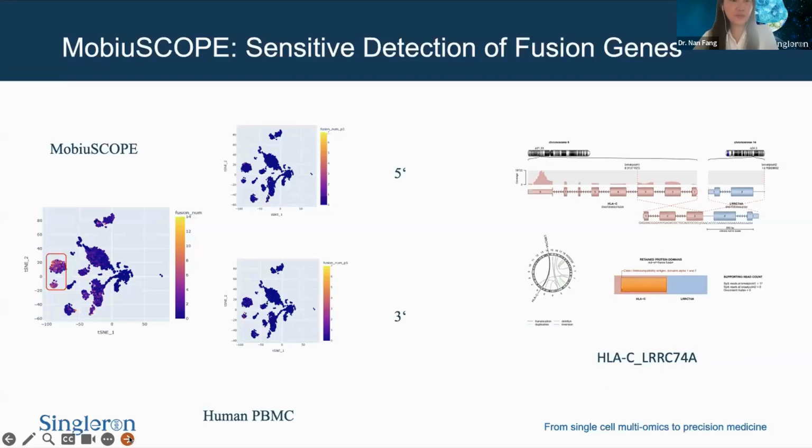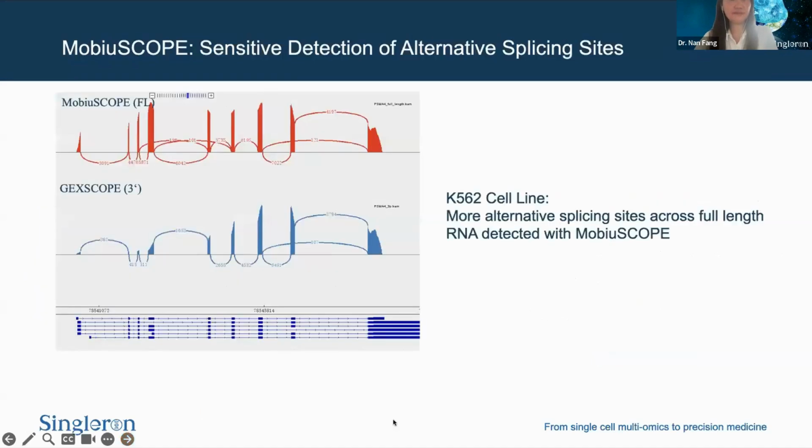So through the power of MobiuSCOPE being able to generate full-length single-cell RNA information, also at large scale, from tens of thousands of cells together, it really enables the discovery of novel fusions and novel splicing isoforms in a very effective way.